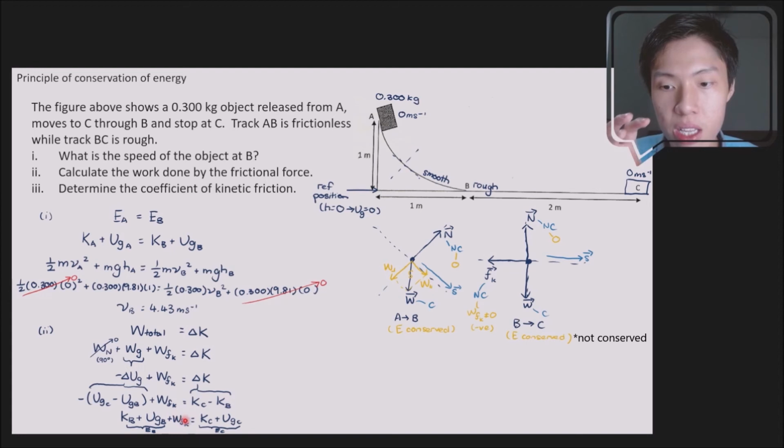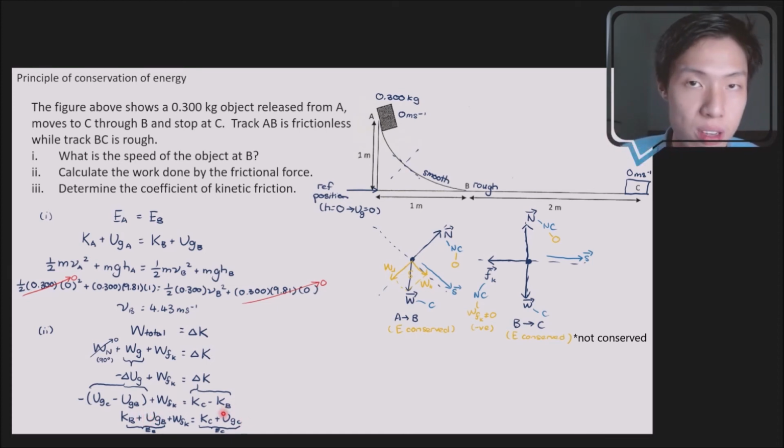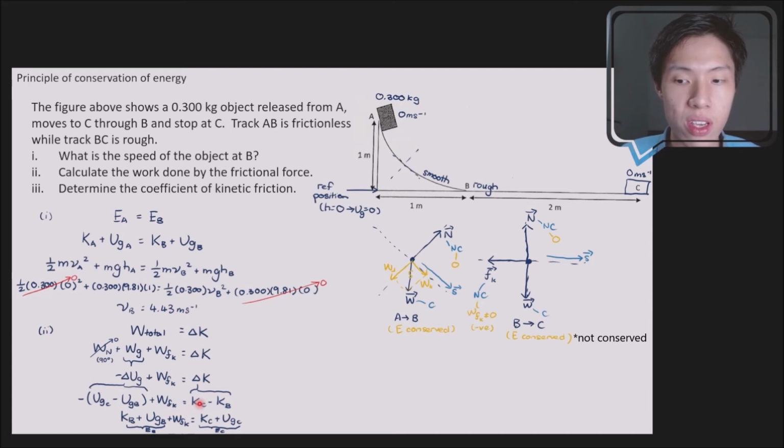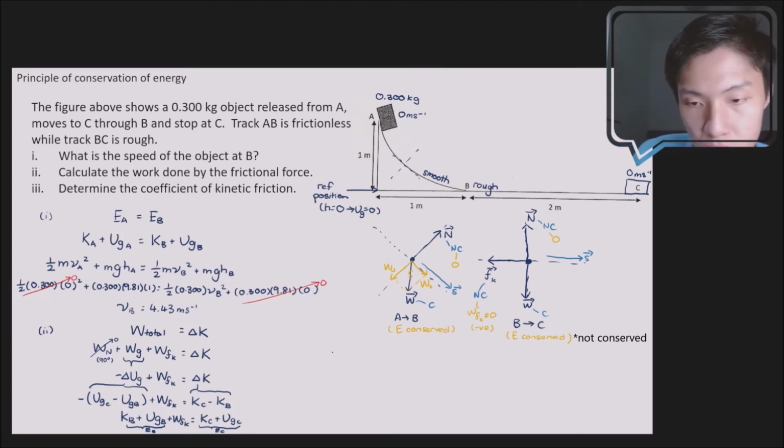Because of this work done by kinetic friction, the object experiences a change of mechanical energy from the initial mechanical energy to the final mechanical energy. The amount of change is equal to the work done by the kinetic friction. Okay, so this is the idea which we have mentioned in the video for the principle of conservation of energy. Okay, so let's try to do our substitution. I'll rewrite the equation here.